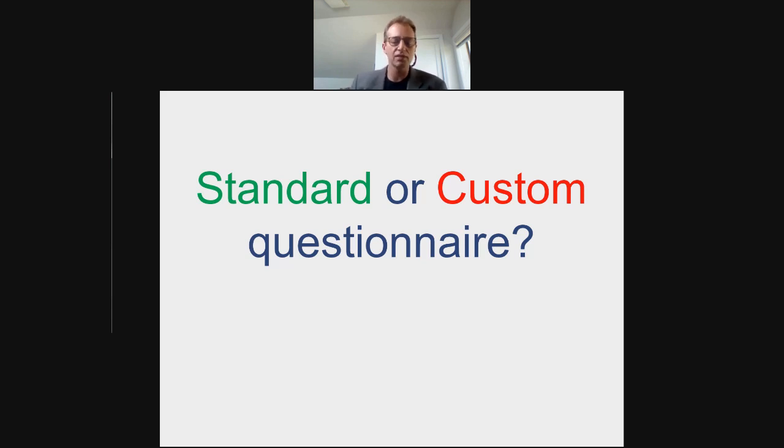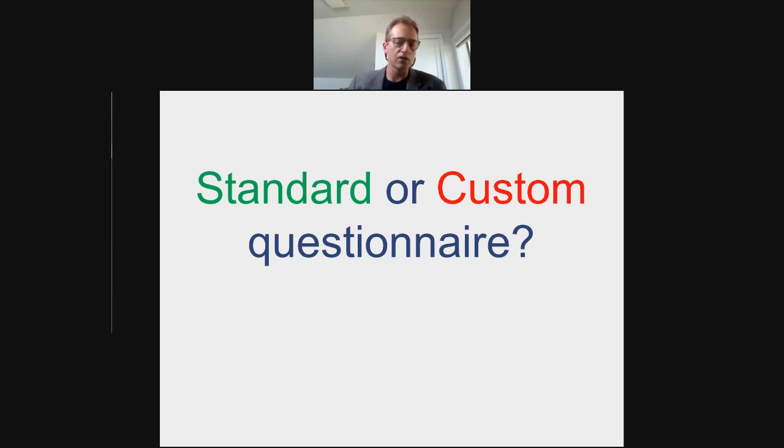Here's our process. It's all laid out. But guess what? If you've got organizational competencies that you want to question people on, that can't be used because it's standardized. Custom tools allow you to put in any questionnaire you want, so you can align it with your organizational competencies to a greater extent. It's a very different way of going about it.